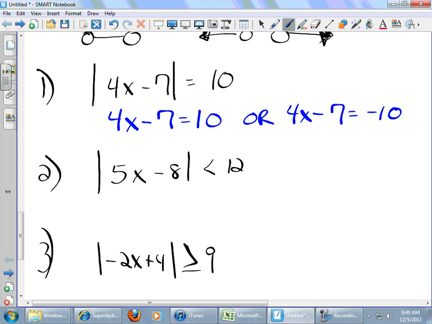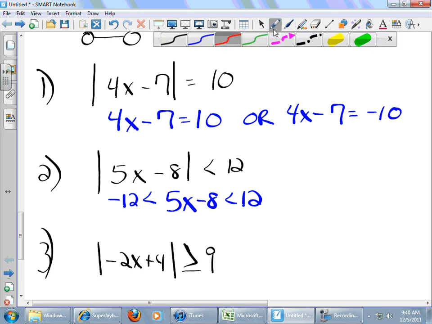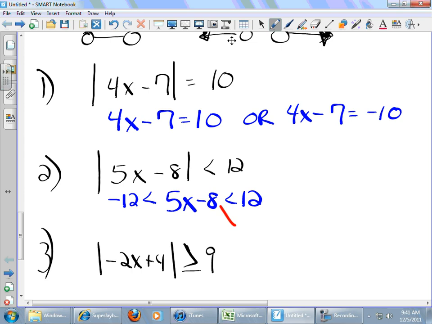All right, number 2, 5x minus 8 is going to be less than 12, and that is going to be greater than negative 12, like that. Now, some of you might be going, why does the inequality flip on the greater thans, but it doesn't on the less thans? Actually, it does. If you look right here, you see the 5x minus 8 is near the small part of the inequality.